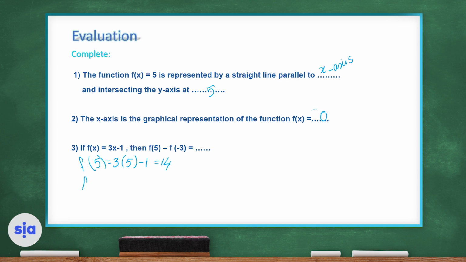And f of negative 3 equals 3 times negative 3 minus 1, so it's negative 10. So the question wants f of 5 minus f of negative 3, so it will be 14 minus negative 10. In this case, the result will be 24. So the answer of this question is 24.